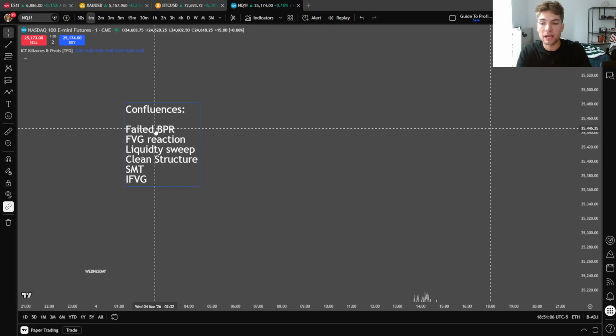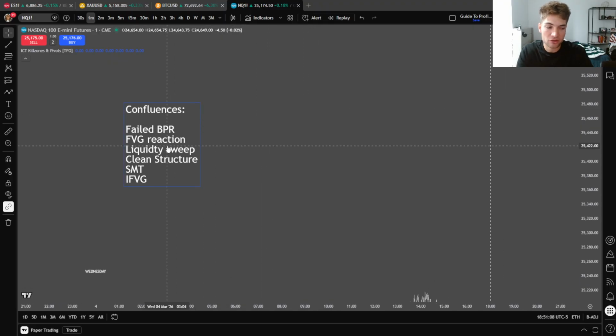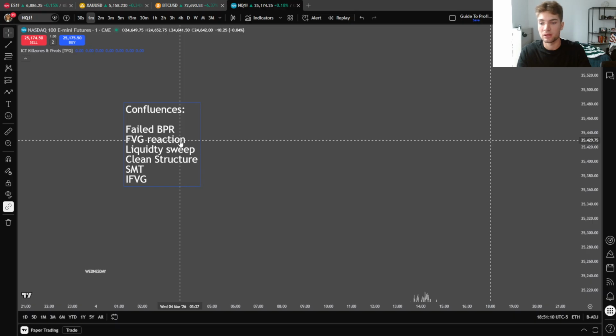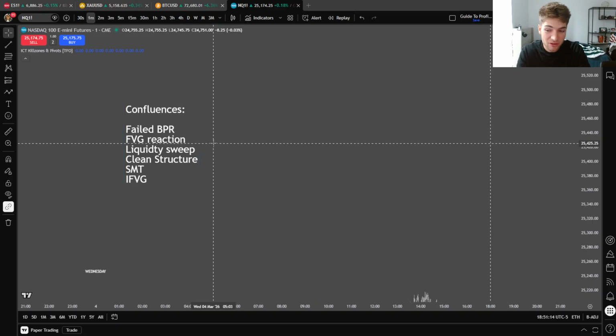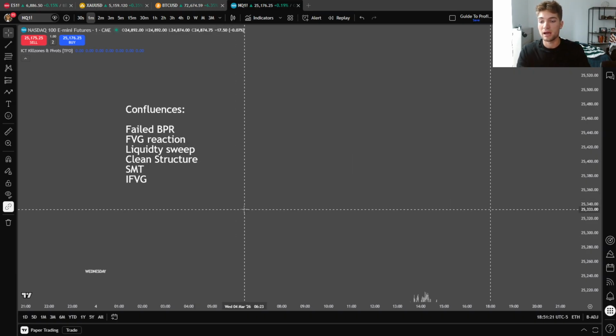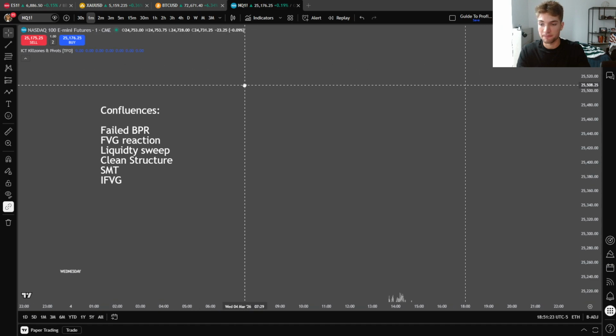I need to see 3 out of 5 in order for me to actually believe that this trade is good. If I see 4 or 5 or 6, then if I see 6, I'm willing to risk 1.5 times what I usually risk. And entries come down to the following.